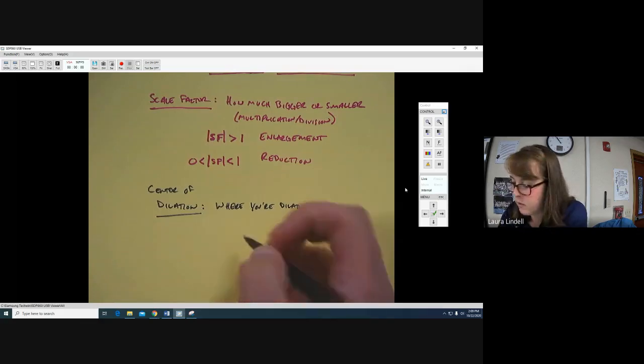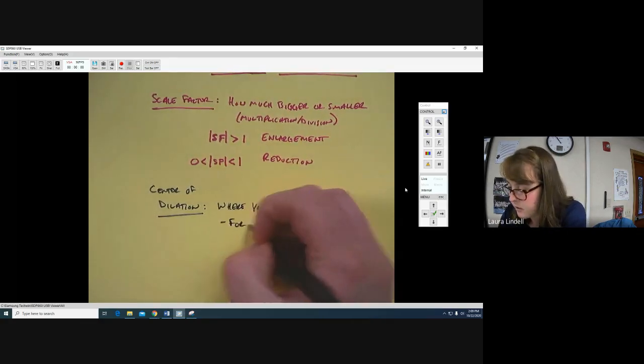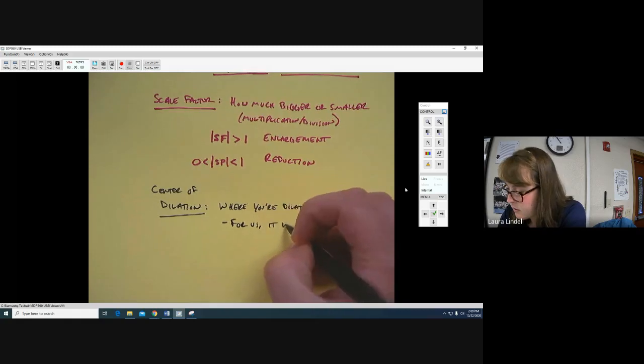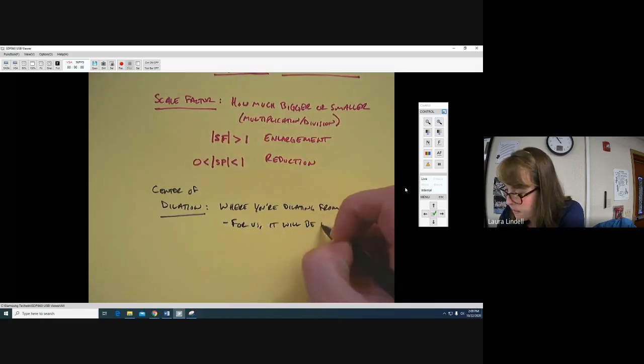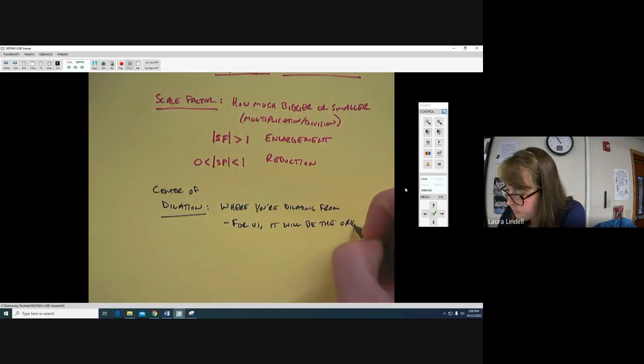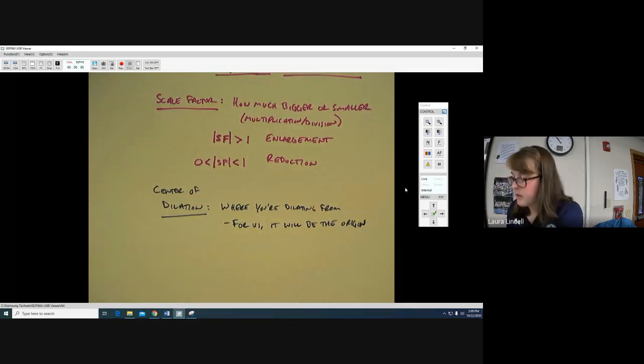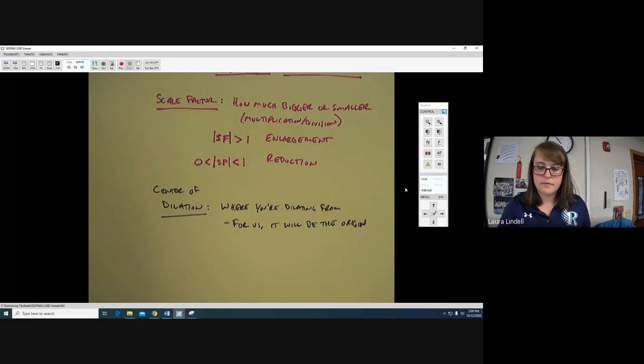For us, it will be the origin typically. It's not all that different to dilate about different points besides the origin, but the origin will be the easiest point to dilate from. And so that's what we are going to use a vast majority of the time. Okay, center of dilation for us will be the origin.